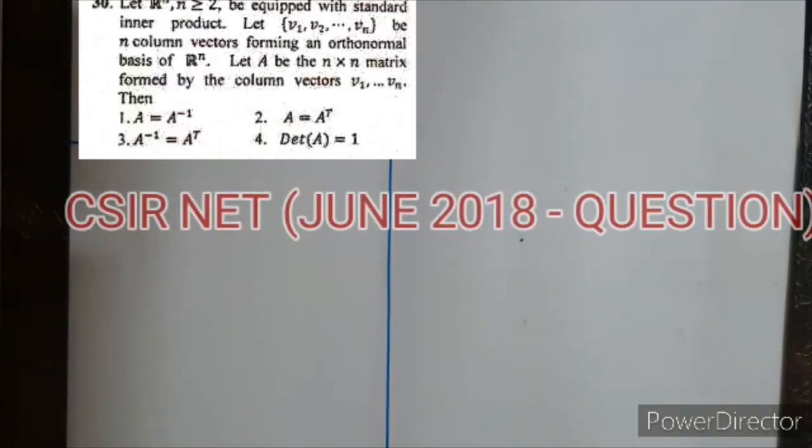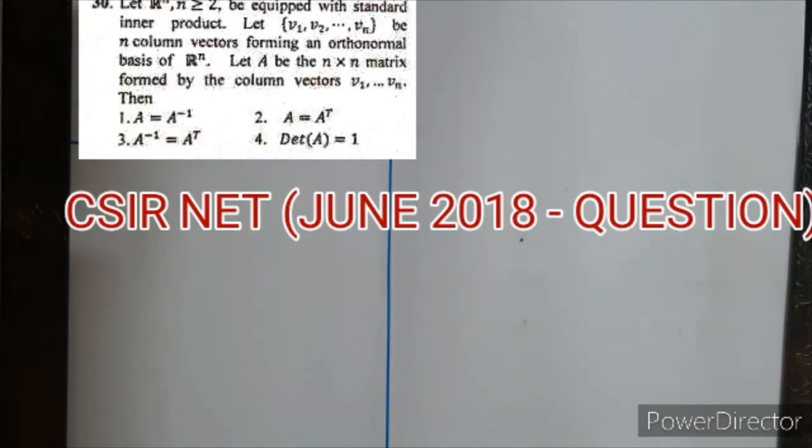Question is: let R^n, n greater than or equal to 2, be equipped with the standard inner product. Let v1, v2, etc., vn be n column vectors forming an orthonormal basis of R^n.